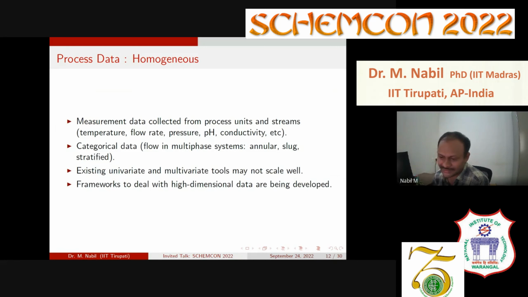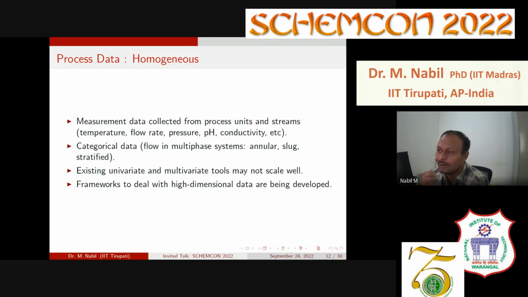Let's briefly check, as process engineers, our wealth of information is in process data. So we have to understand the process data whenever we are going to apply a machine learning model for decision making or for prediction.